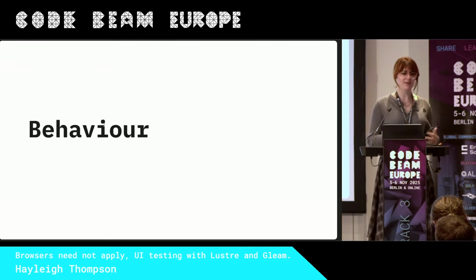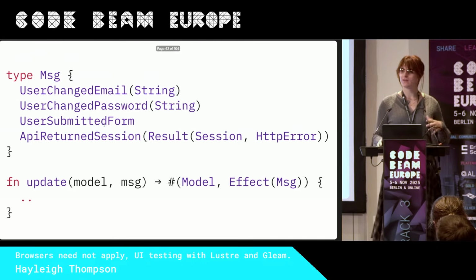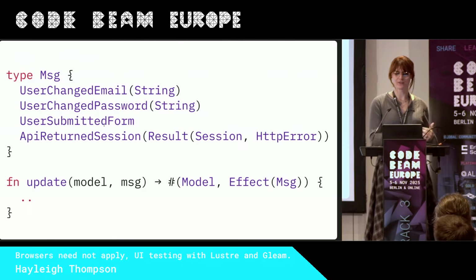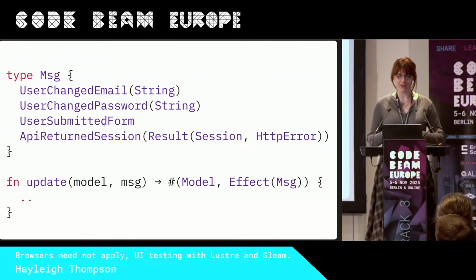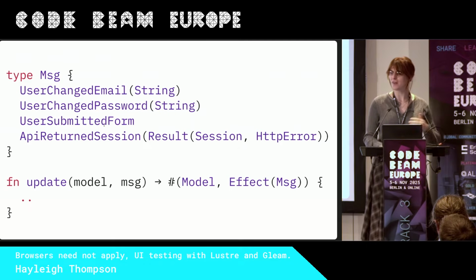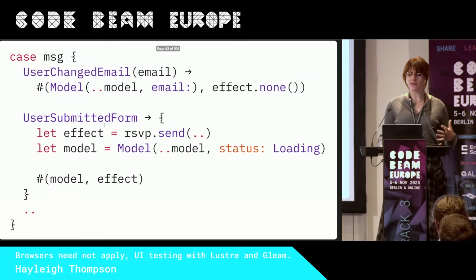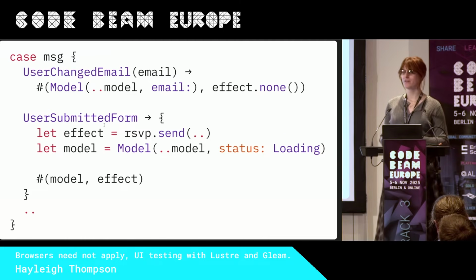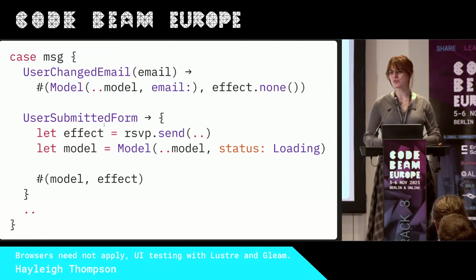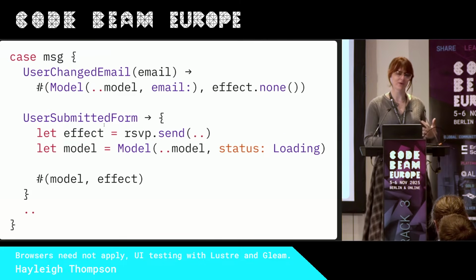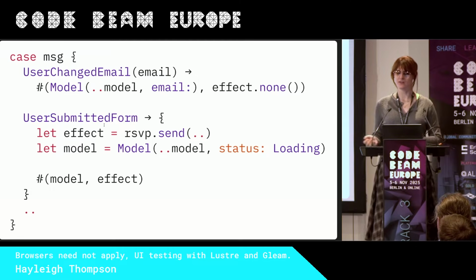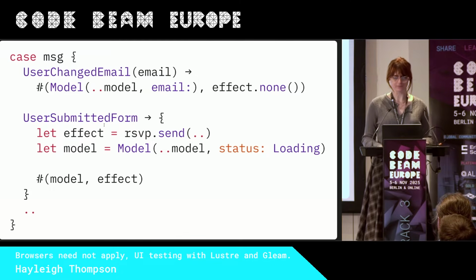We'll move on to behavior. Now we have messages, and we can say, I want to handle the case when the user types something for their email, and I want to handle the case for, they click submit. And we write an update function that takes a message that has come in and the current state of our program, and we return a new state for our program.